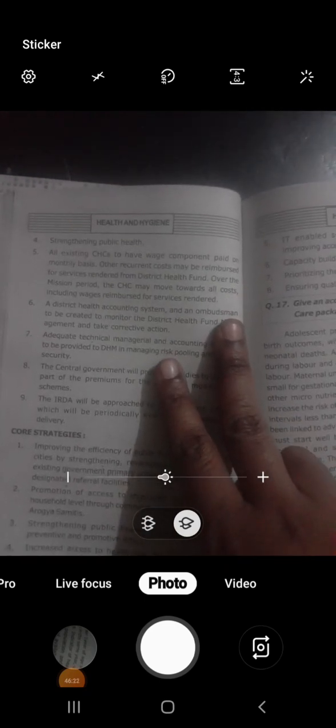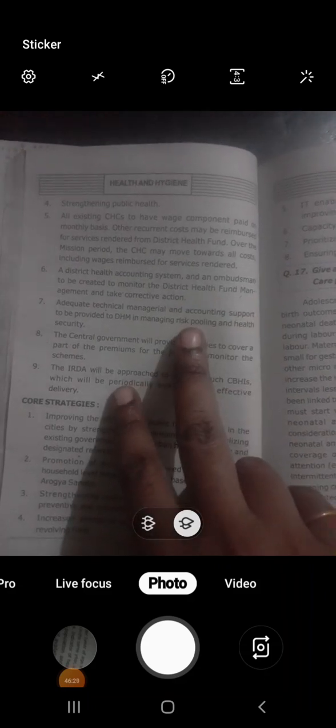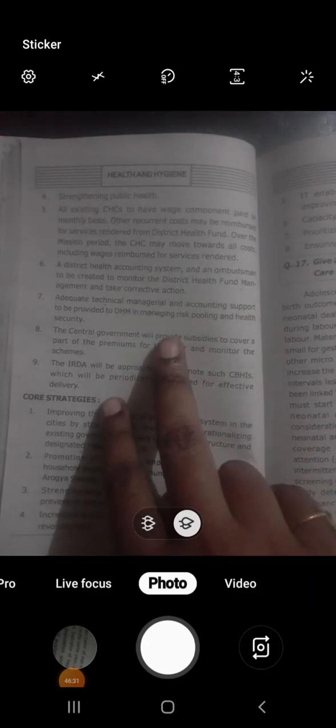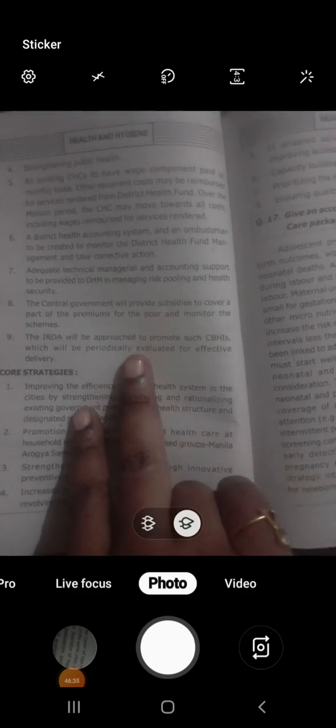Public health focus on sanitation, clean drinking water and vector control is also included. Next is strengthening public health: all existing CHCs with a waste component, on a monthly basis, a district health accounting system, and technical and managerial accounting support. Central government will provide subsidies and IRDA will be approached to promote such schemes also.